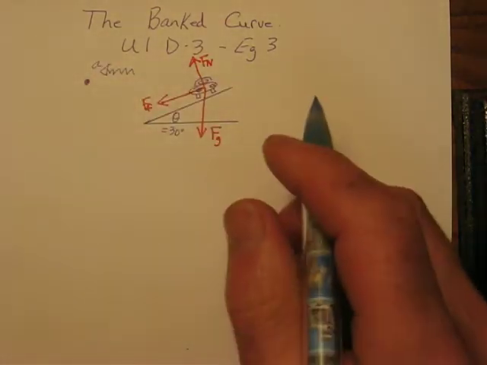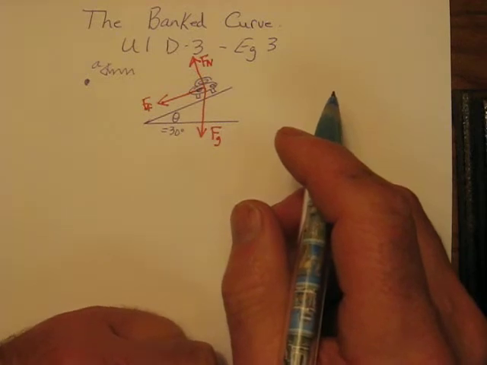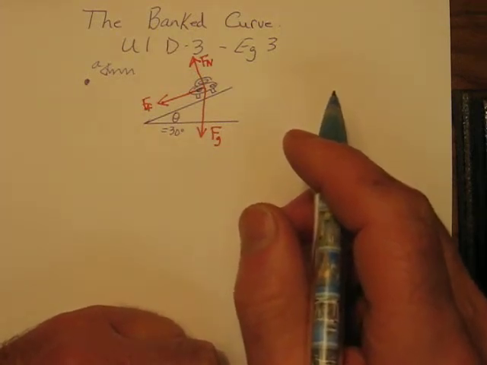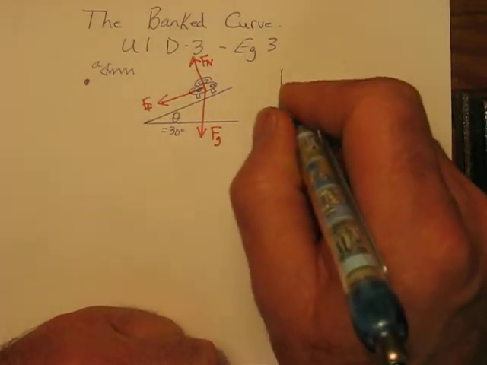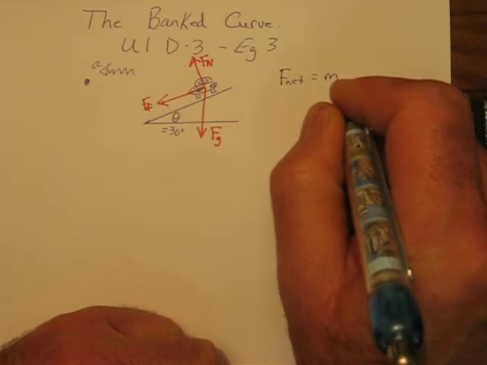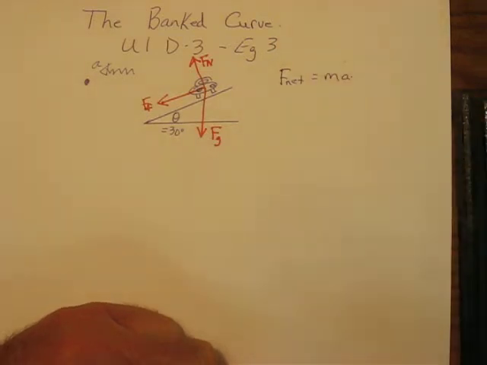This means that if we want to solve the problem, we have to resolve all the forces that are acting in the direction of the acceleration and put it in the formula F net equals ma. Now the question is then, which forces act towards the center? Which forces have a horizontal component?